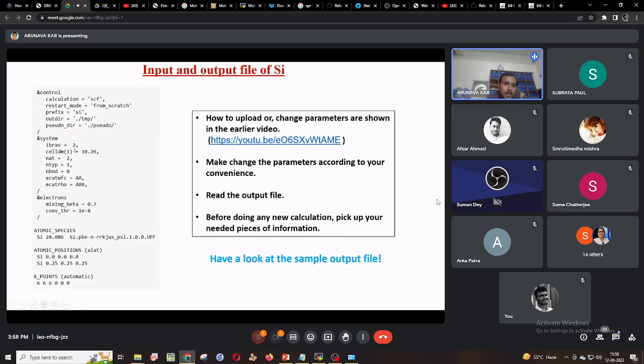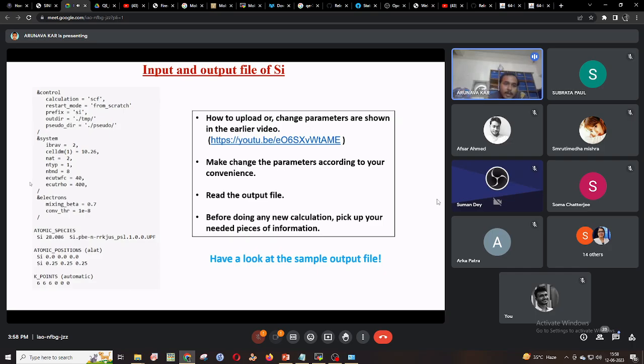I have chosen ibrav equal to 2, celldm(1) equal to 10.26 with the experimental parameter, and number of atoms 2, number of types 1. In nbnd, here I am putting extra bands to calculate the lowest and highest occupied band structure.